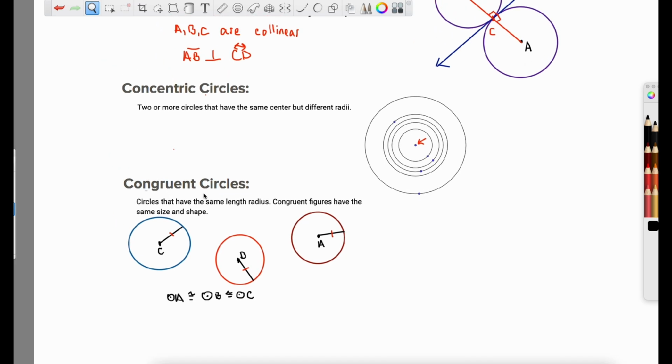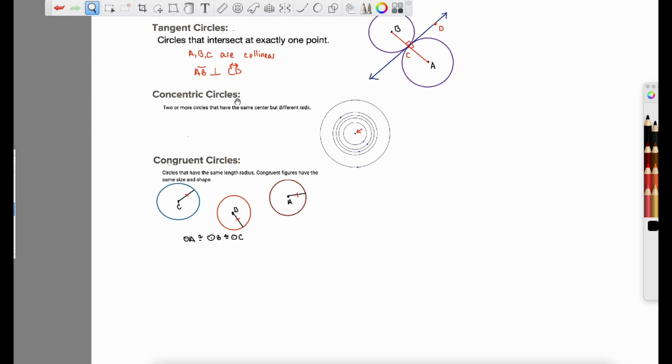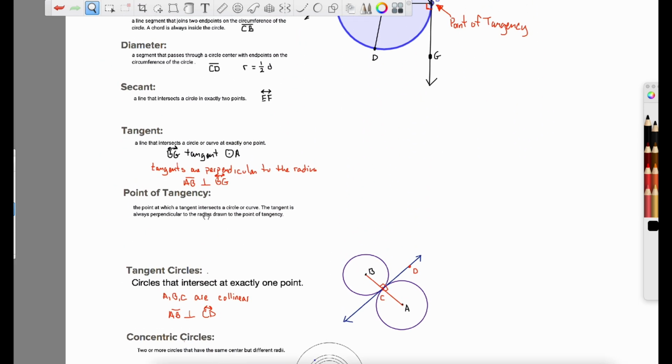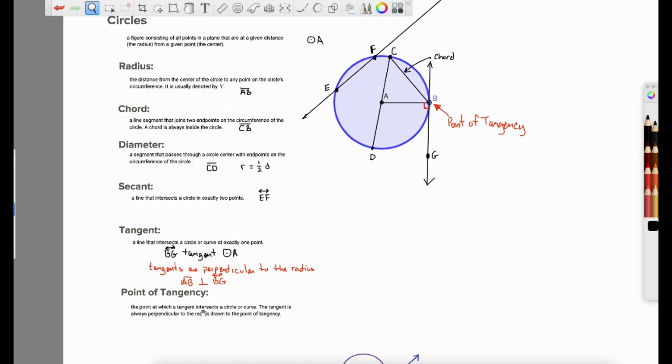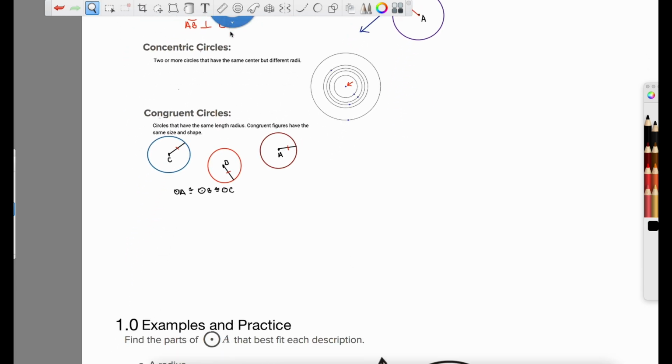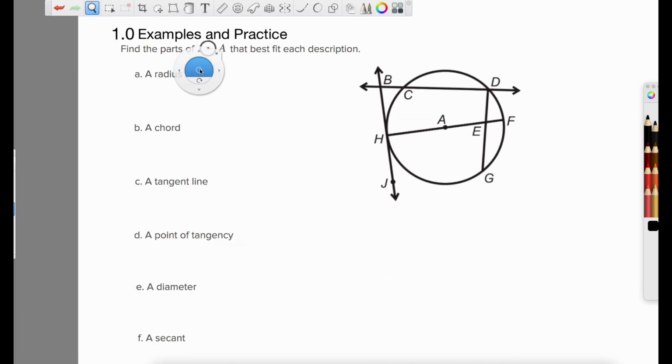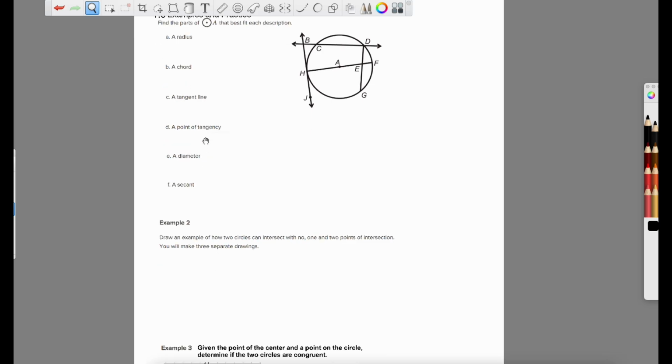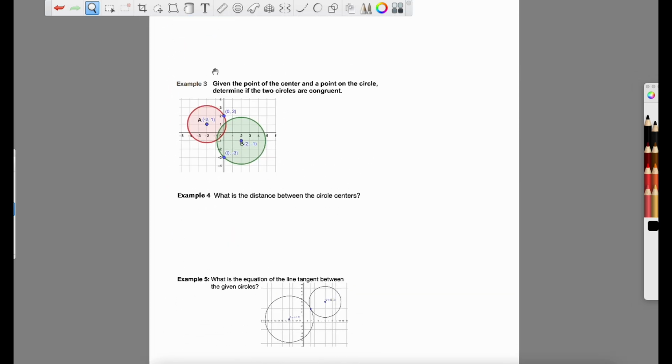Okay, we have all of our definitions for this section, as well as some figures. Let's take a look at some examples, at examples 1 through 5 here.